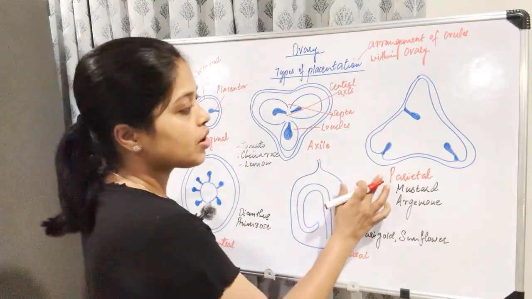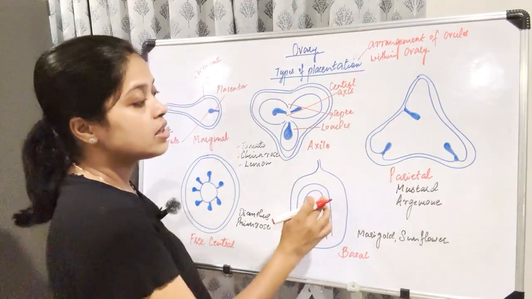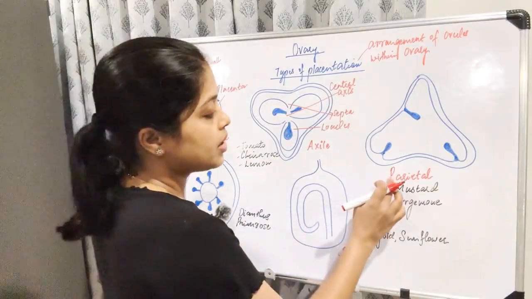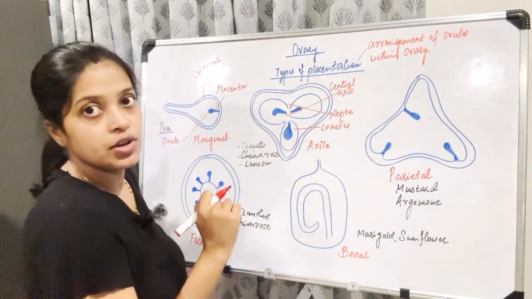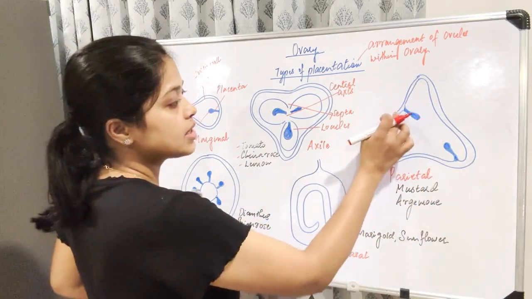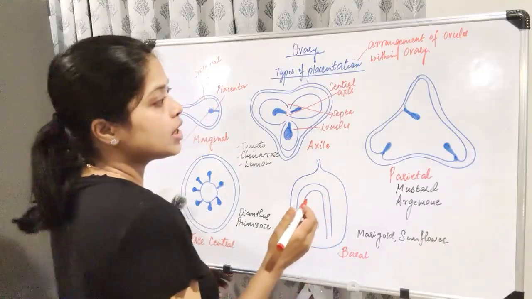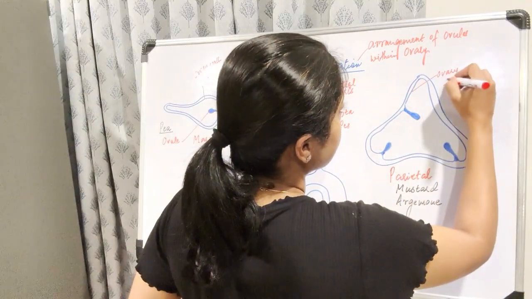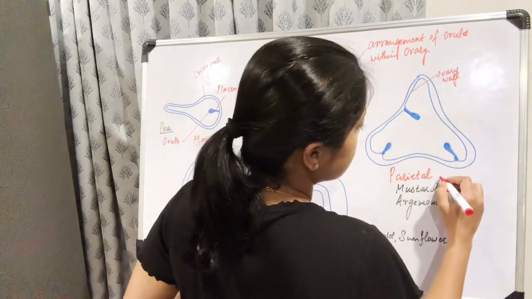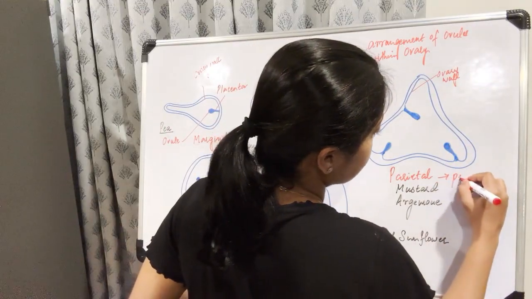Then we have the parietal placentation. Parietal means, you can remember it as, here the ovules are present at the periphery. So the ovules are present at the periphery of the ovary wall. This is your ovary wall, and it is present at the periphery.